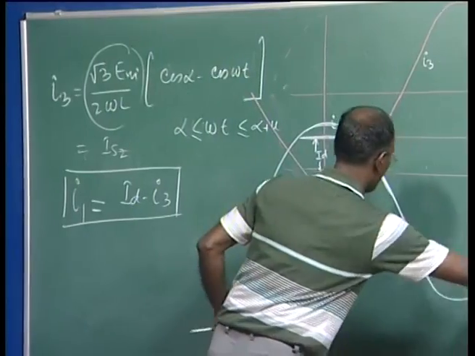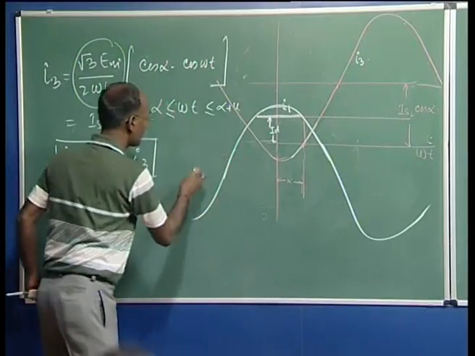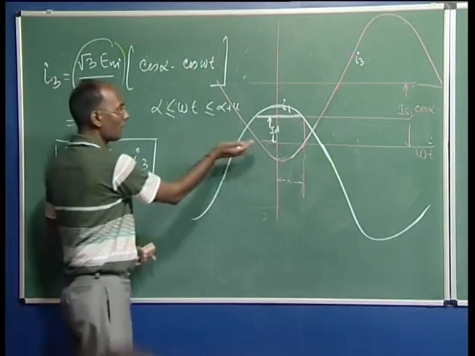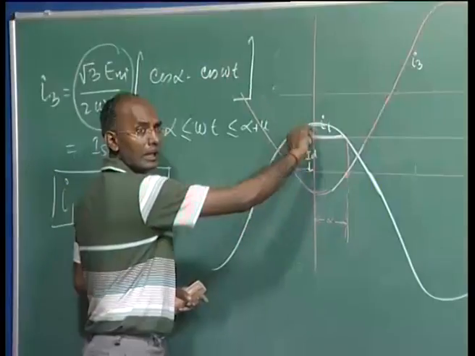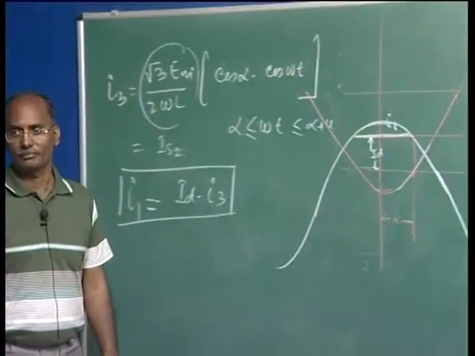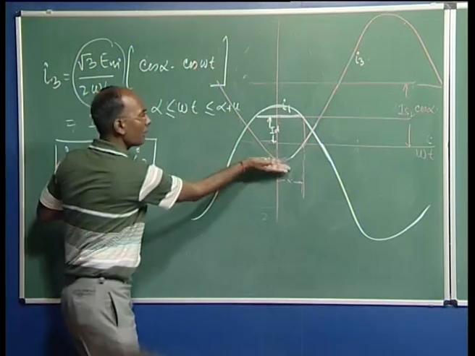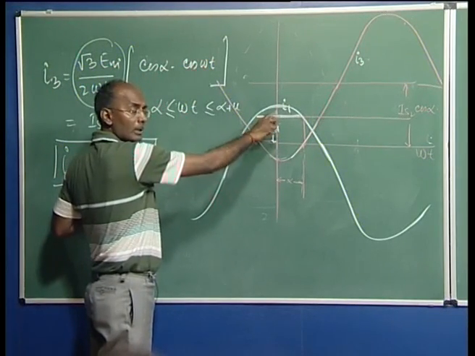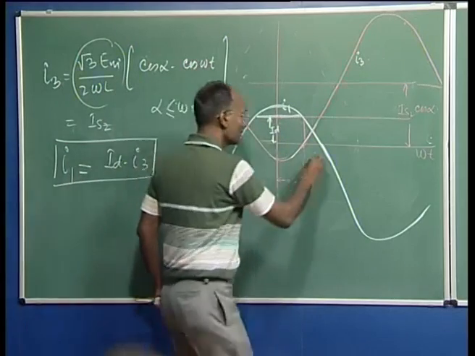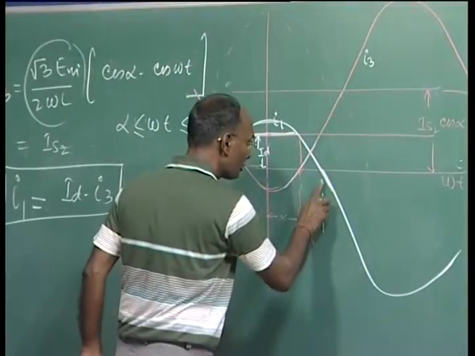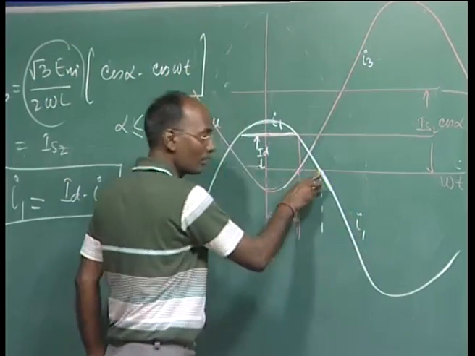This is also cosine. So, the axis is this and now it is inverted, minus I3, because this is a minus. So, this curve will be inverted, but the axis will be here because ID is coming, and now here again it is going to be 0 because this is your I1.